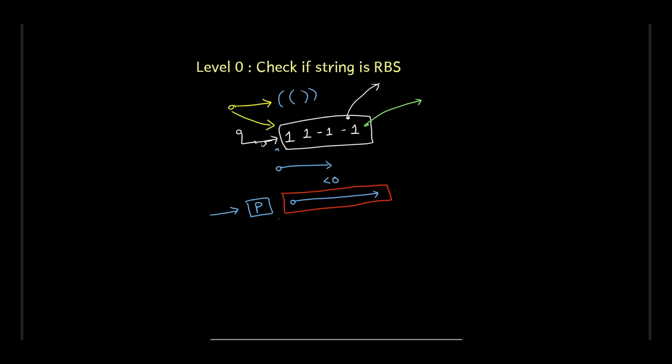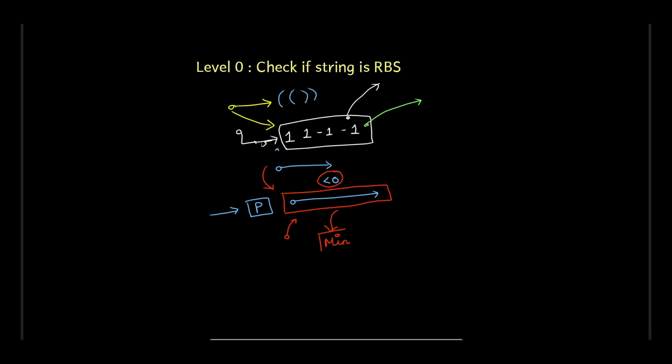So tell me, what are the necessary as well as sufficient conditions that you can infer by just looking at the prefix sum array? How do you infer that at any point of time you dropped below 0? One fancy way to do that is to look at the minimum element of this prefix sum array.